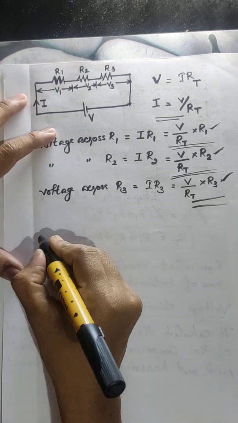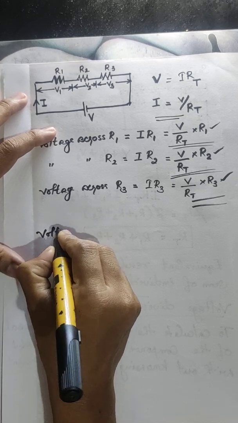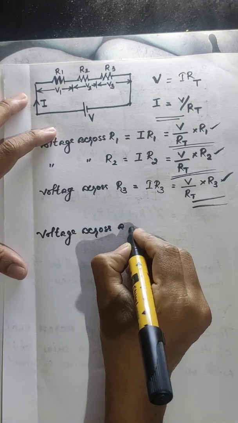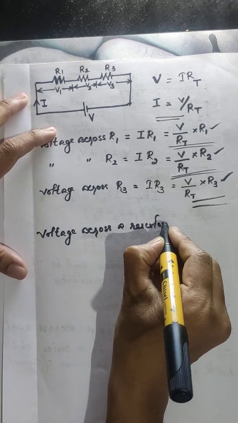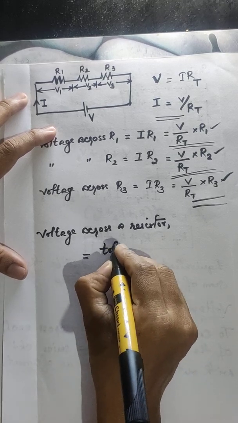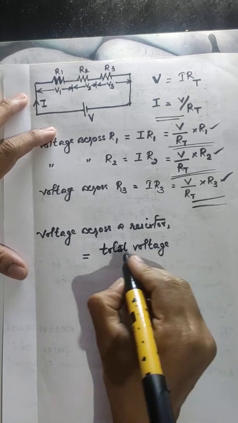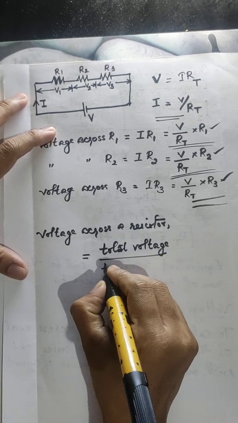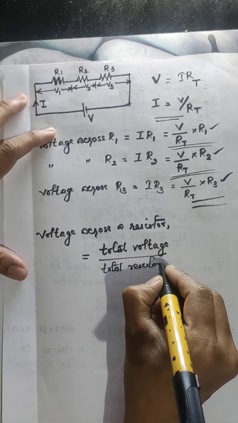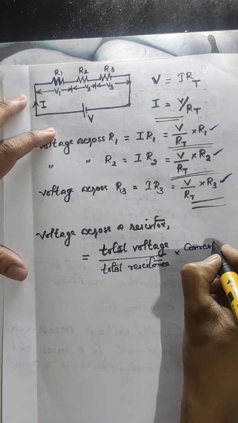Or in general, according to voltage division rule, voltage across a resistor equal to total voltage by total resistance into the corresponding resistance.